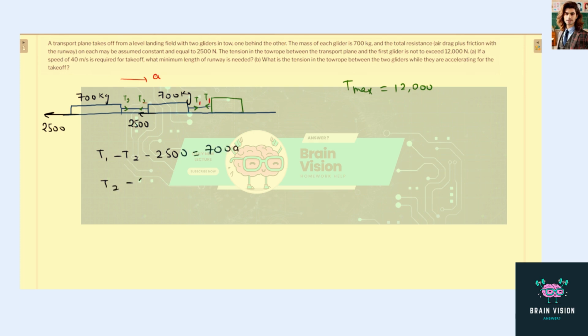And T2 minus 2500 is equal to 700a once again. I'm writing the equations for the first glider and the second glider. The first is for the first one, and the second is for the second one.